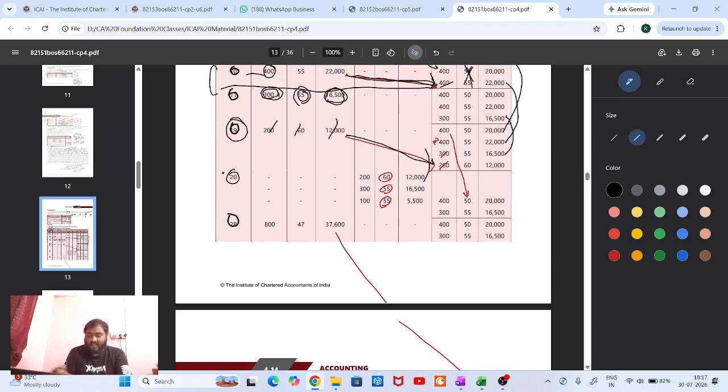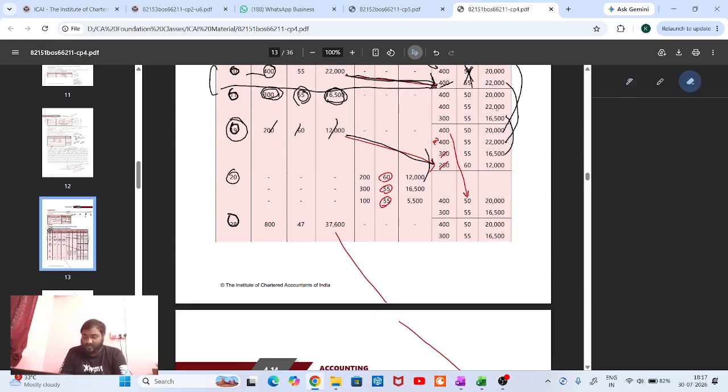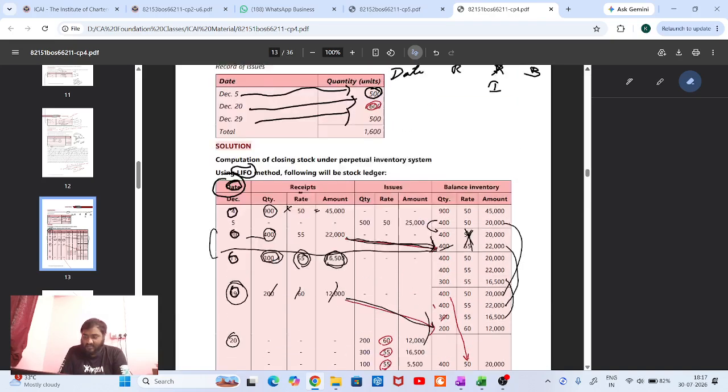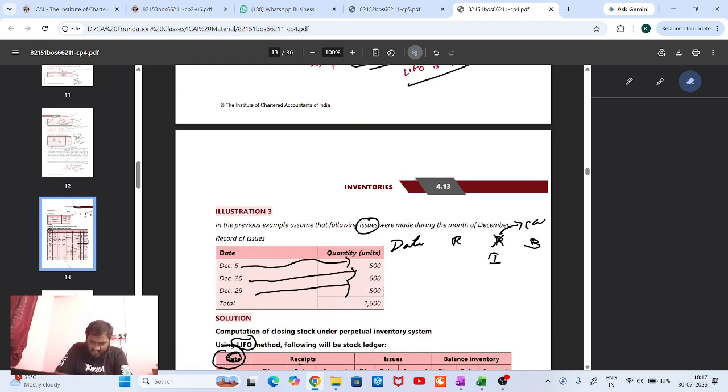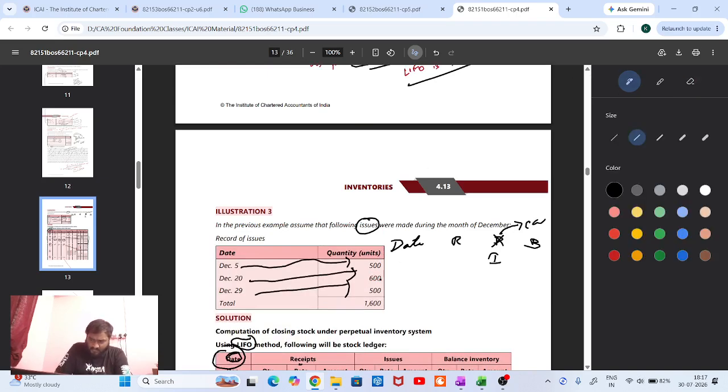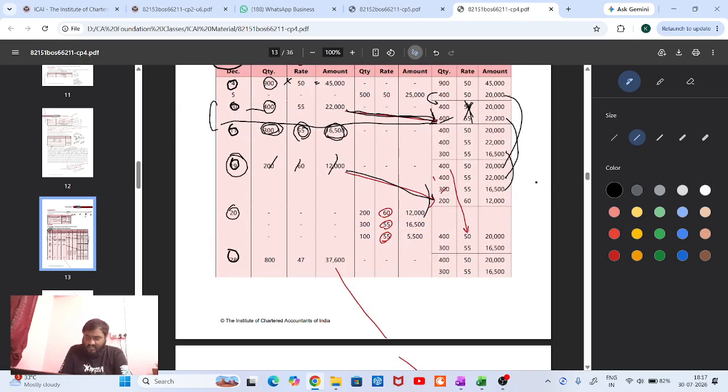Now the issue of goods. On the 20th, we have sold around 600 units. Right? 600 units. Since it is the LIFO method, first we clear 200. This is given first priority. Second, 300. This is given second priority. Third, out of 400, this is given third priority.